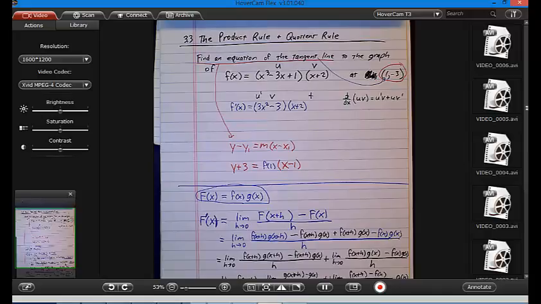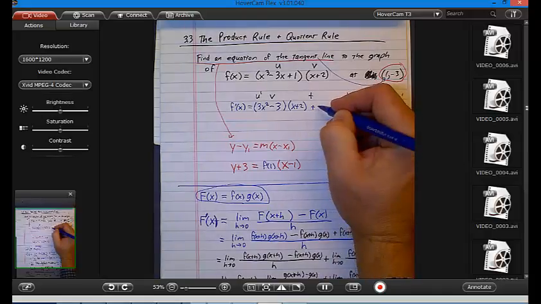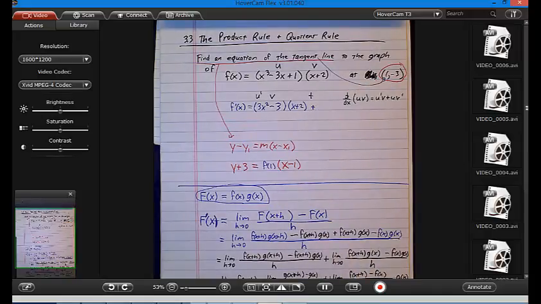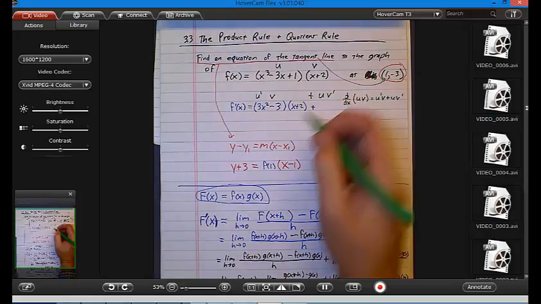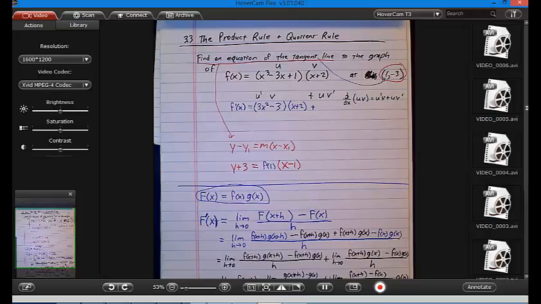And then what's the v prime? What's the derivative of x plus 2? It would just be 1, right? Because it's 1 plus 0. So now you have this mess. And if we want to finish the problem, what's the last step?